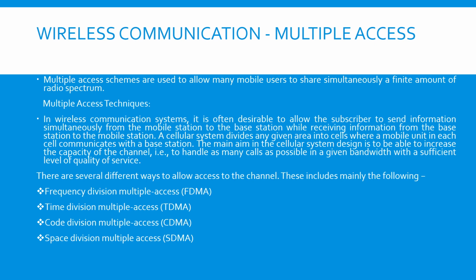In wireless communication, it is desirable to allow subscribers to send information simultaneously from the mobile station to the base station, while receiving information from the base station to the mobile station. So suppose we are chatting to somebody else, then we are receiving the signals as well as sending the signals. This type of access is known as multiple access.